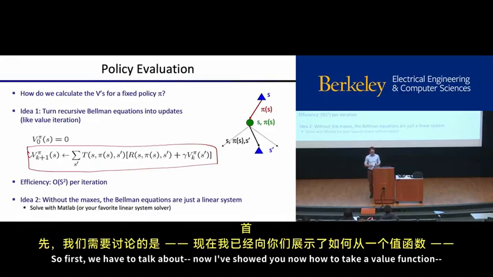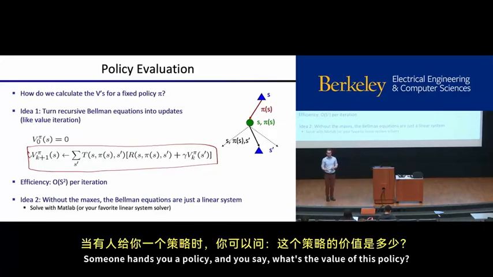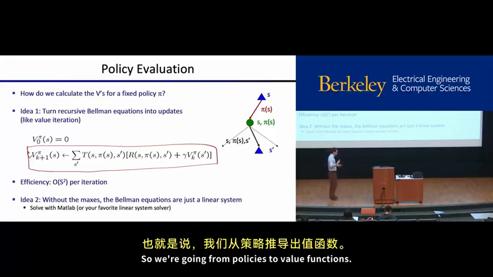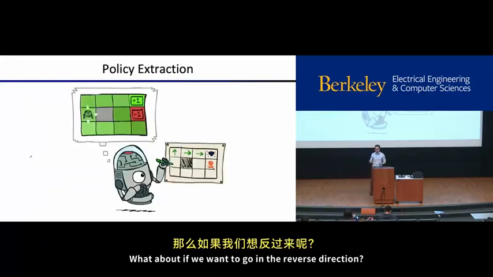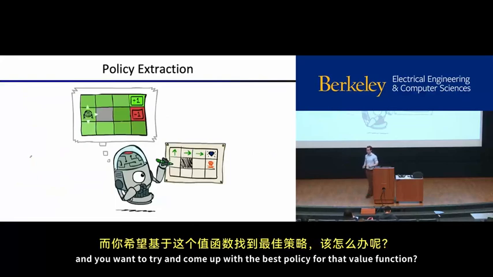Okay, so first we have to talk about, now I've showed you how to take a policy. Someone hands you a policy, and you say, okay, what's the value of this policy? You spit out a value function. So we're going from policies to value functions. What about if we want to go in the reverse direction? What if someone hands you a value function, and you want to try and come up with the best policy for that value function?